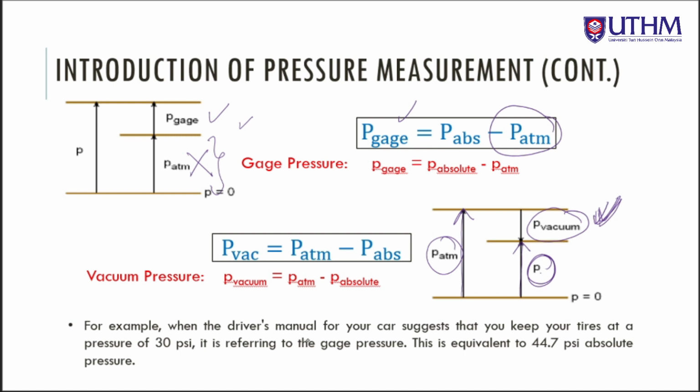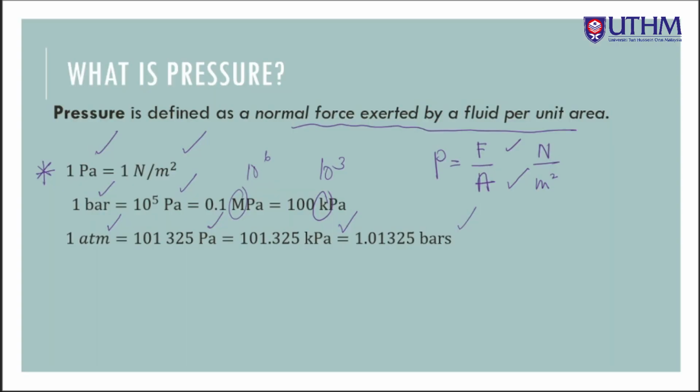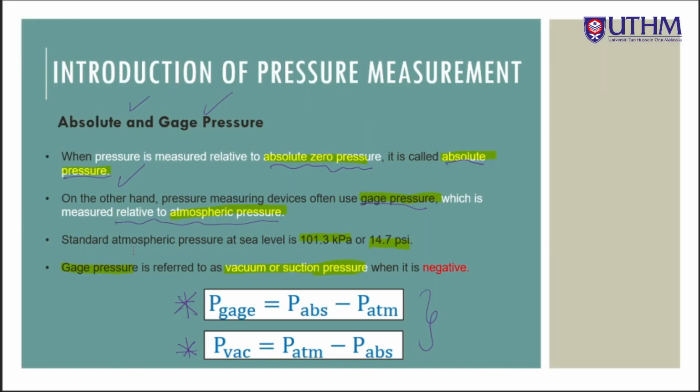When the driver's manual for your car suggests that you keep your tires at a pressure of 30 psi, it is referring to the gauge pressure. When we say gauge pressure, we know it is relative to atmospheric pressure. So what is the value of atmospheric pressure? Standard atmospheric pressure is 14.7.